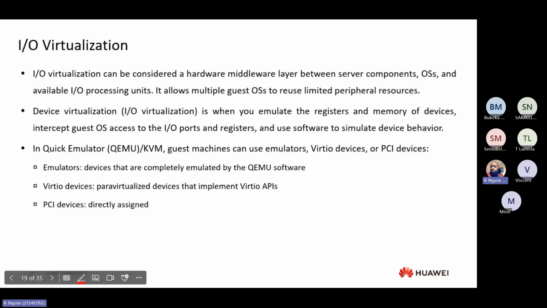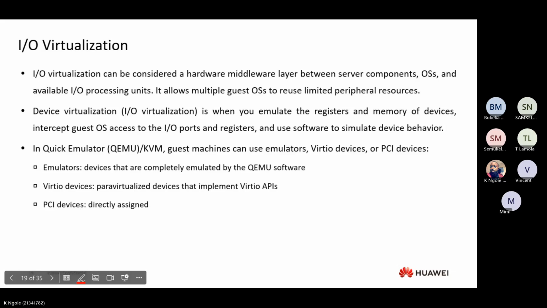This I/O virtualization allows multiple guest operating systems running on the virtual machines to share and reuse all the hardware, such as your USBs, your external hardware, and all those things.